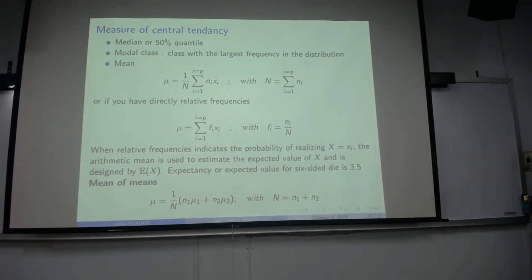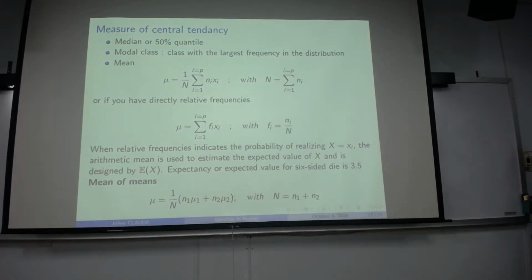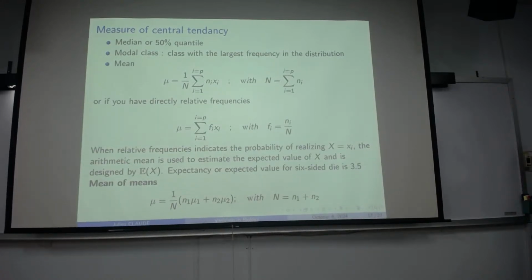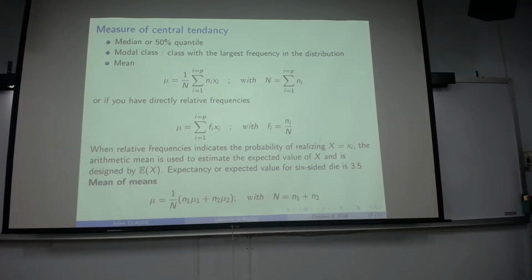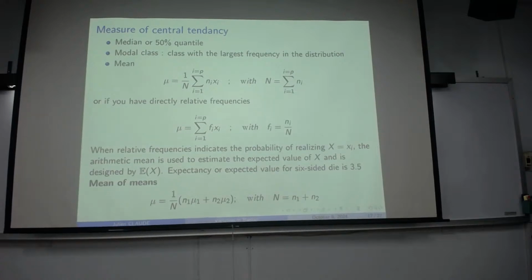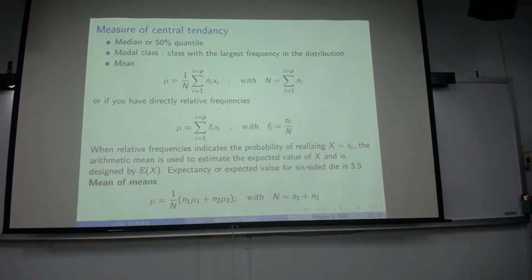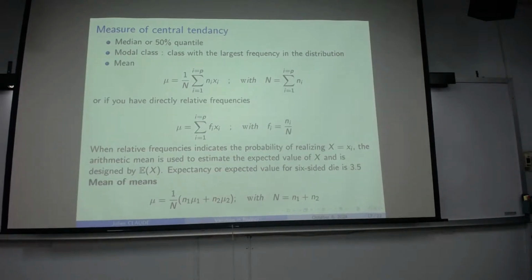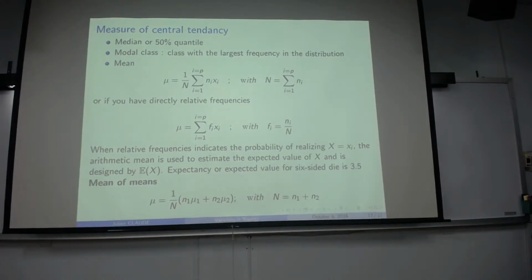Maybe your teacher taught you another formula and was telling you that it was the sum of the frequencies multiplied by the value of x. So that's an interesting formula because when relative frequency are used to estimate the probability of realizing a value of x, we say that this arithmetic mean is the expected value of x.